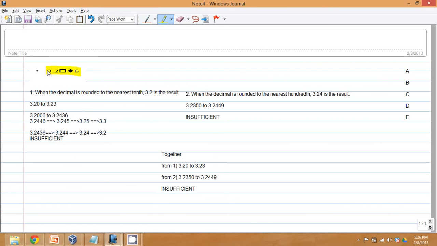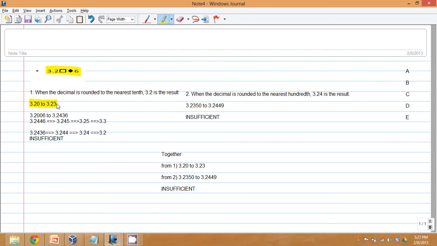The first information that is given is that when the decimal is rounded to the nearest tenth, 3.2 is the result. So this tells us that for 3.2 to be the result, the value could range from anywhere between 3.15 to 3.24. But in this case, since we know that the 10th place is for sure 2, it can be rounded only between 3.20 and 3.24.